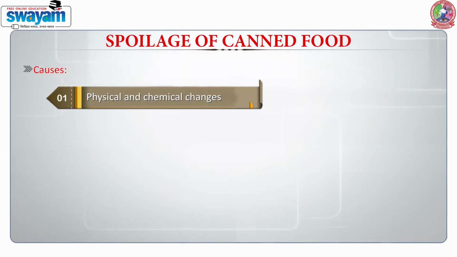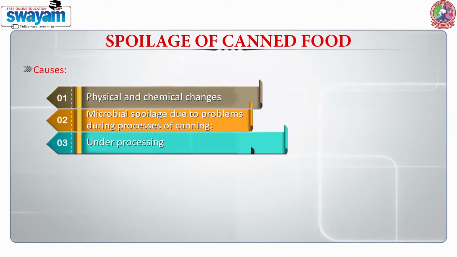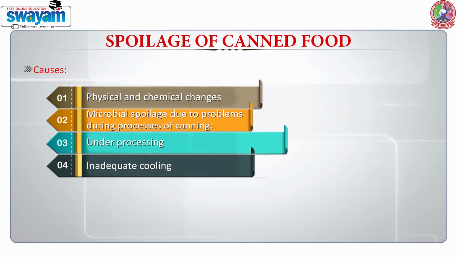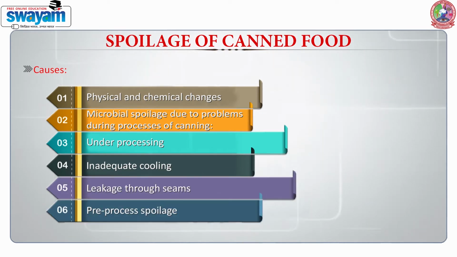Some of the spoilages are also caused by microbial agents, and these are a major problem during the processes of canning. Sometimes under-processing, inadequate cooling, leakage through the seams, and pre-process spoilages also are responsible for the spoilage of the canned food.